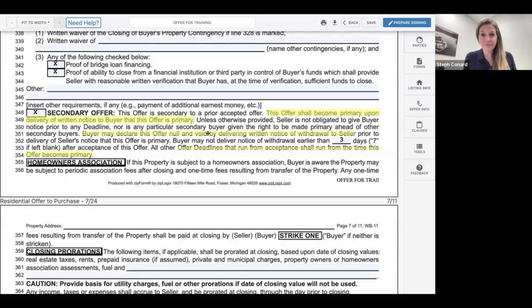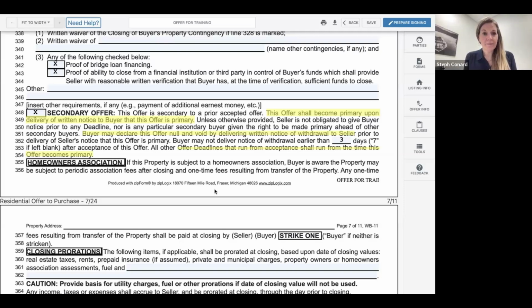So if there's a hot property with other secondary offers on it, having an accepted secondary offer doesn't necessarily mean that buyer is going to be moved into primary position. We need to make sure we're communicating that with buyers. If you learn that there's another secondary offer, they may or may not be put into primary.